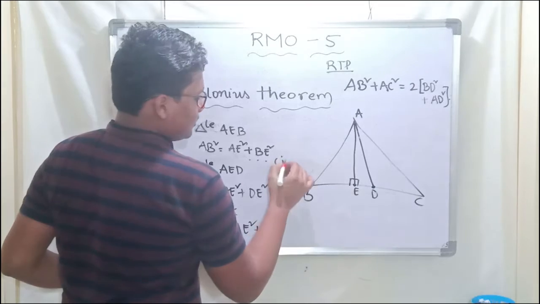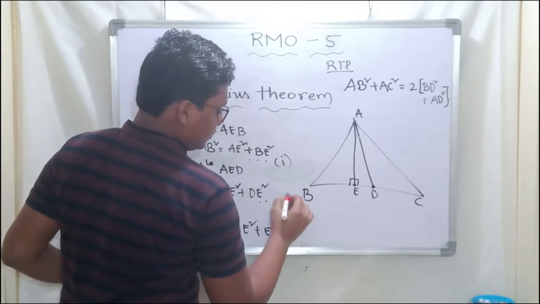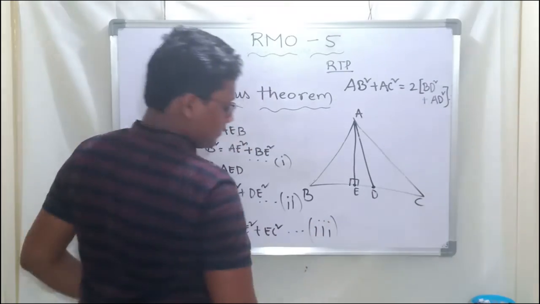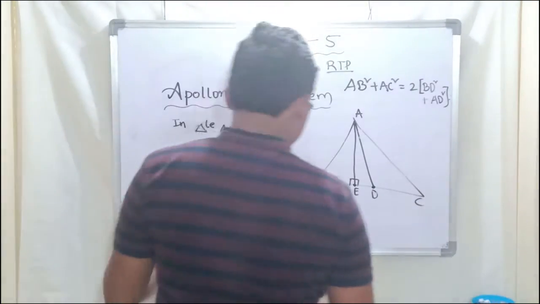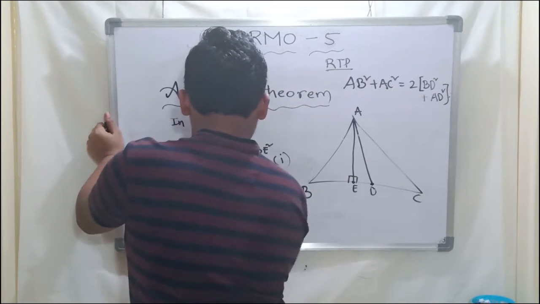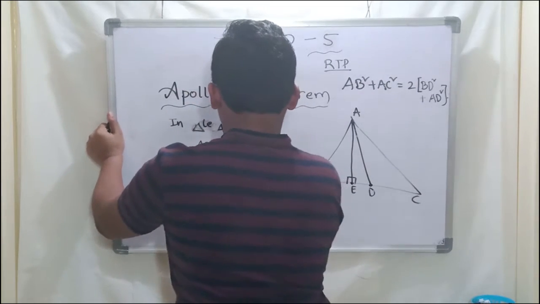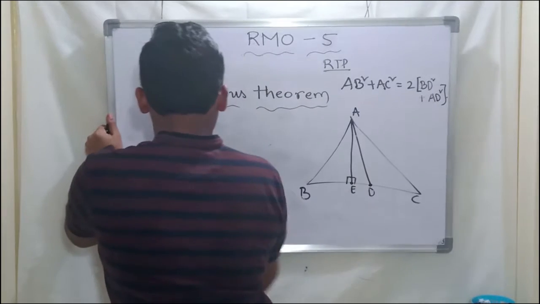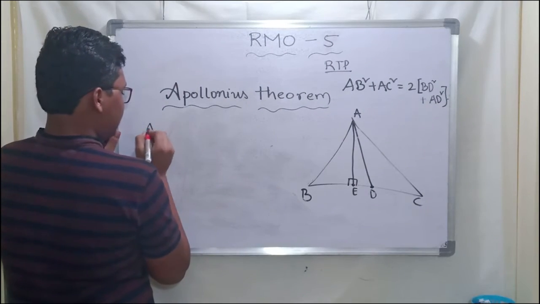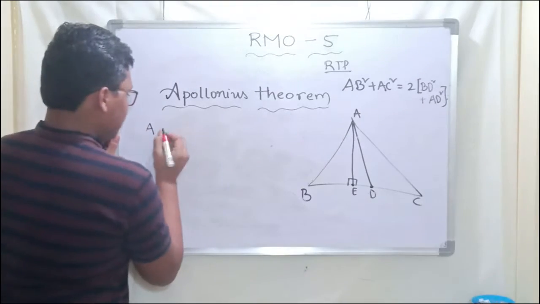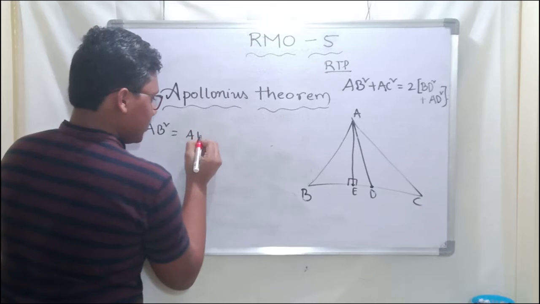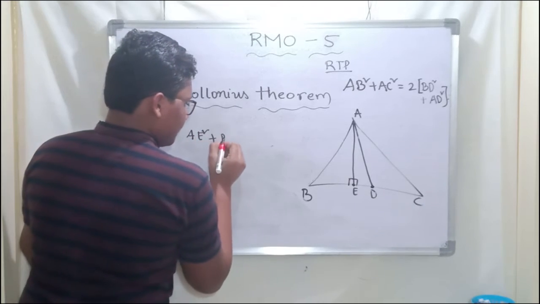We will take these as equation 1, equation 2 and equation 3. See, we got equation 1: AB square is equal to AE square plus BE square.